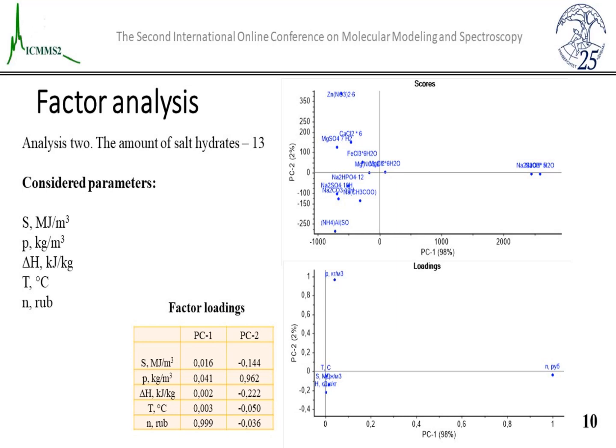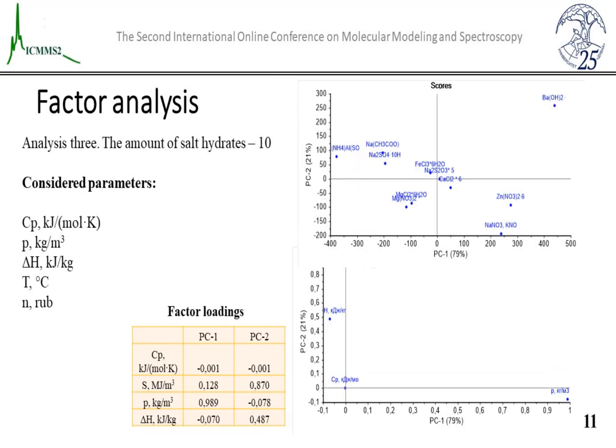It turned out that material cost and density are of greater importance, and they correlate with molecular weight. In the next analysis, after the parameters were regrouped, it turned out that the largest factor loads in factors 1 and 2 are density and the density of heat accumulation introduced.